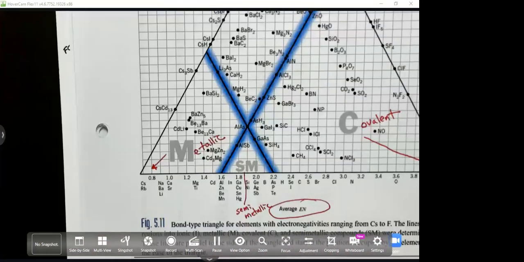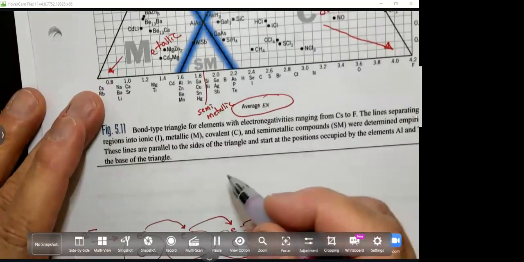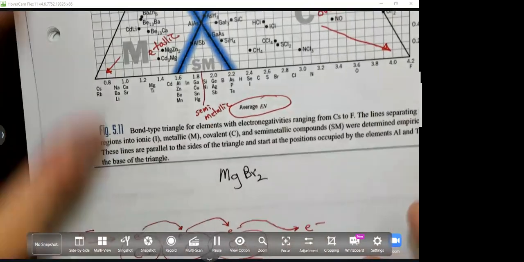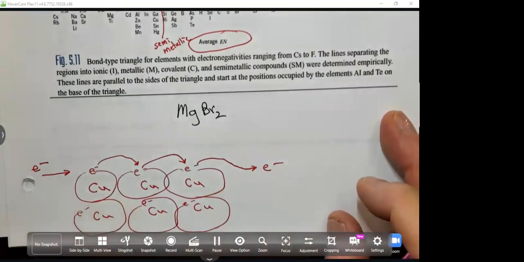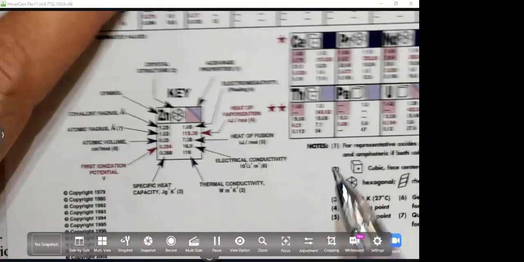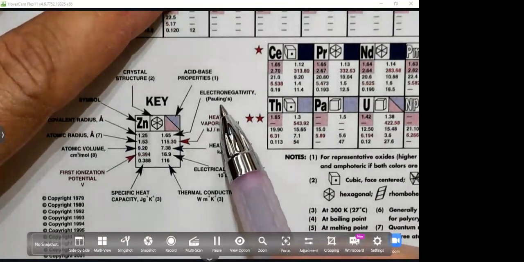So let's do an example. I'm just going to pick out MgBr2. Let's figure out where it is on our bond triangle. Now, this is in a little different scale than what's on our periodic table. The electronegativity on this scale is Pauling's.